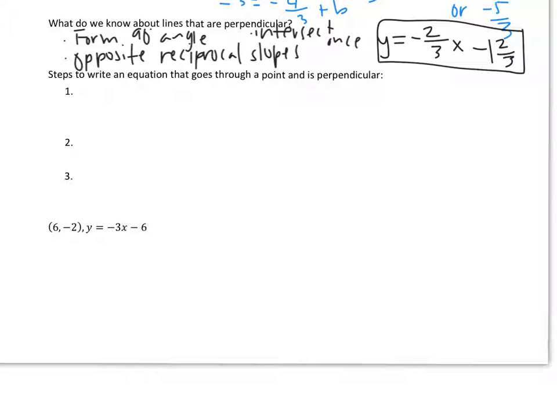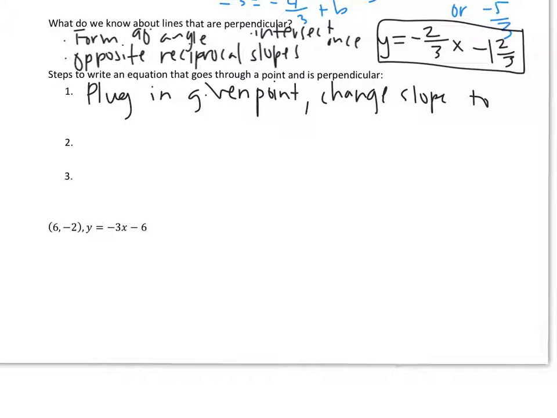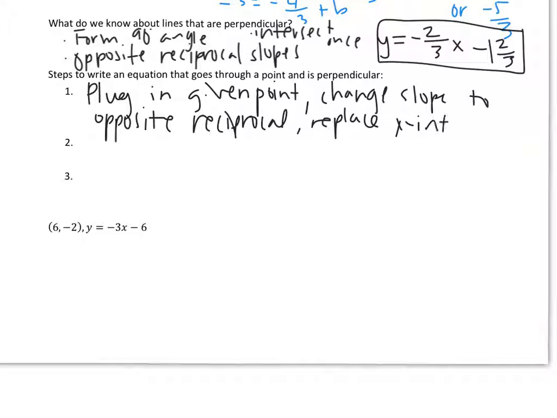So with those steps, we'll do similar things to the last steps in the parallel lines. We'll plug in the given point, but then we'll change the slope to its opposite reciprocal right away. And then replace the y-intercept with b, with that variable.